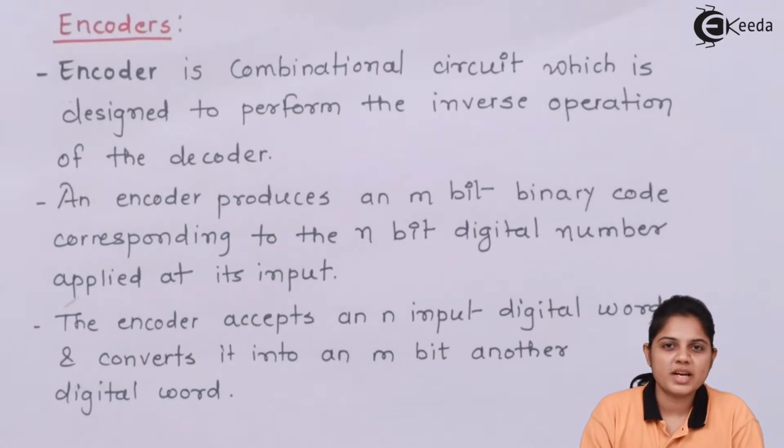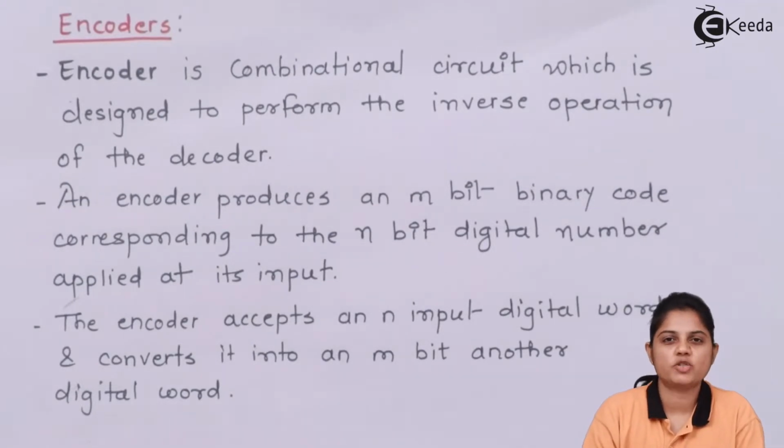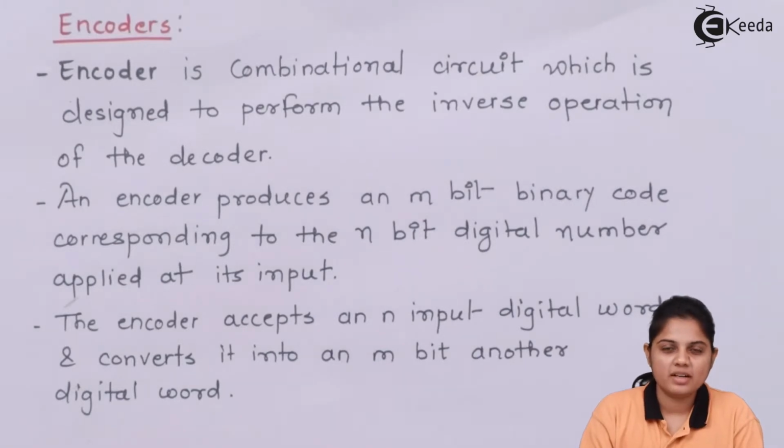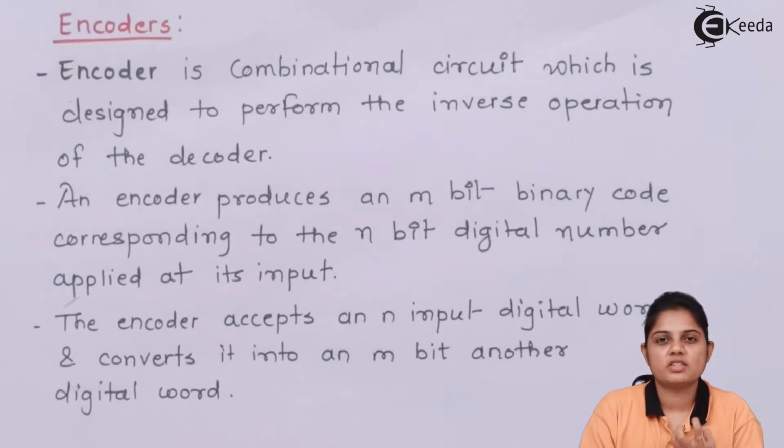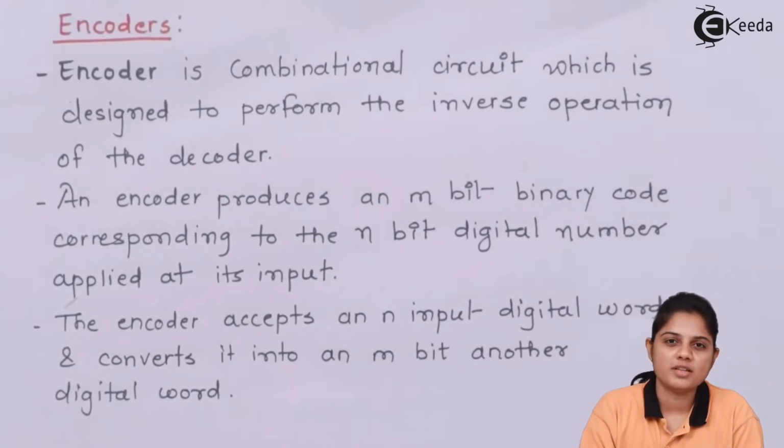If I want to send data from the transmitter, it should be encoded so that the data travels in an encoded format. That way it cannot be accessed by another system and data manipulation can be avoided, so that only the intended receiver can receive the data transmitted from the transmitter.